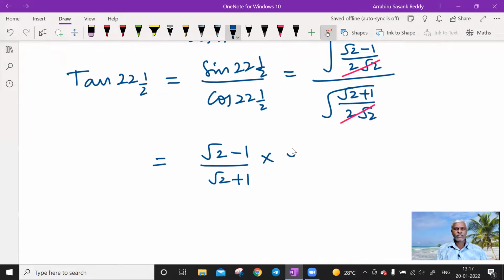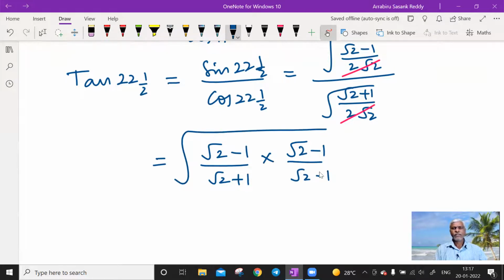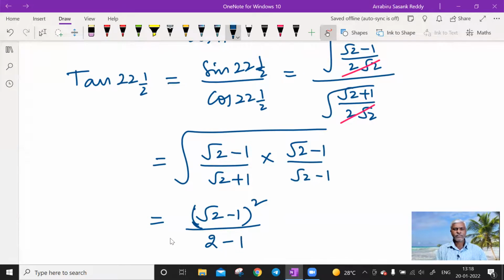If you rationalize this with root 2 minus 1 by root 2 minus 1, rationalizing, so this is A minus B into A minus B, root 2 minus 1 square, by here A plus B into A minus B, A square minus B square, root 2 square is 2, minus 1 square is 1.